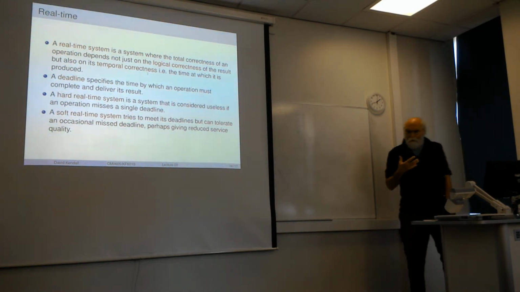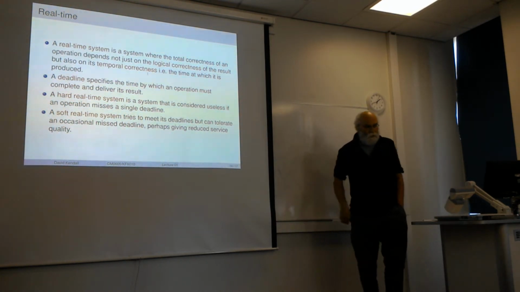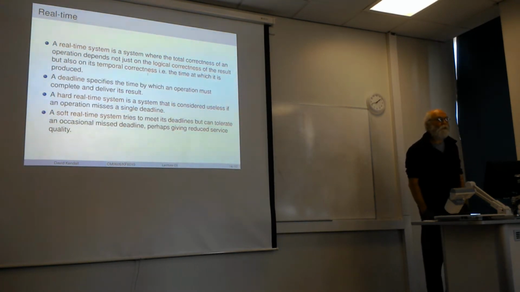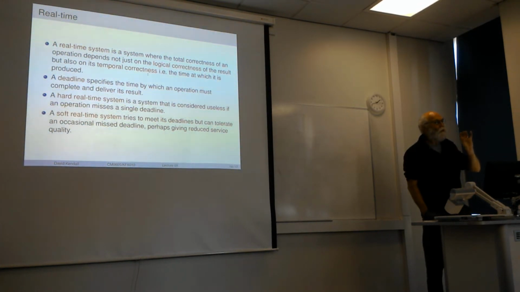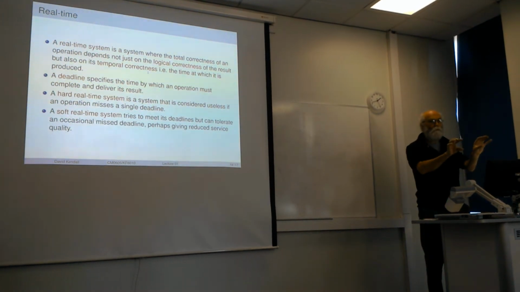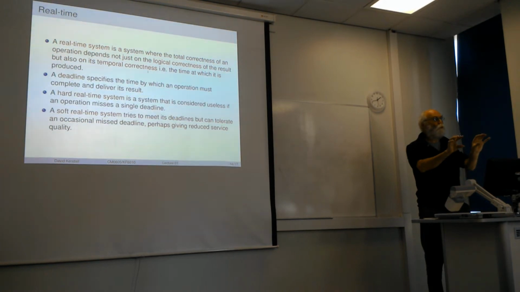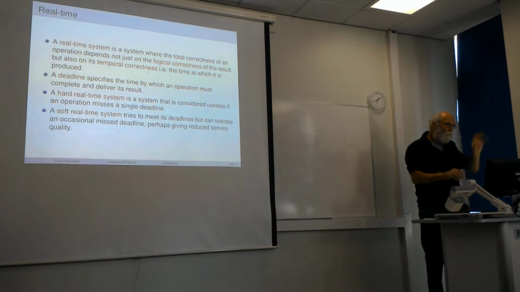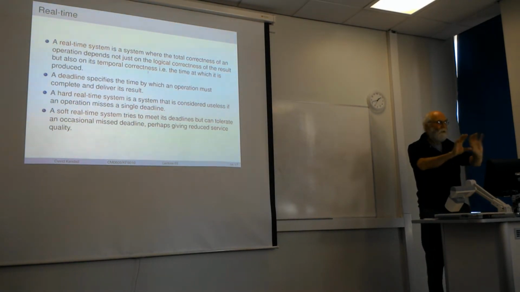So until people started thinking about real time seriously, logical correctness was really the only correctness property of any concern. So normally our systems were sequential. You'd feed some inputs into your algorithm, and eventually you'd get some outputs out. And as long as the outputs were related to the inputs in some proper way, then you would say your algorithm was correct. So if for a given input you get the right output, everybody was happy.